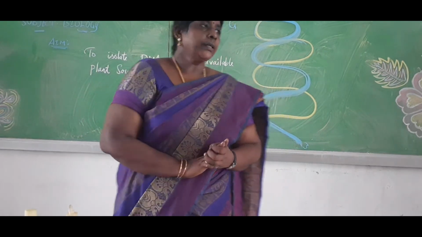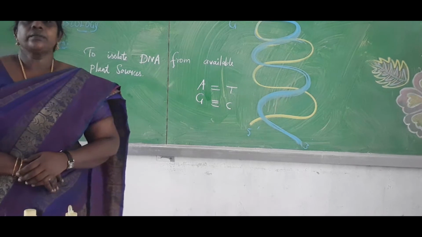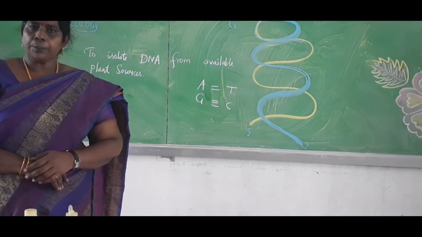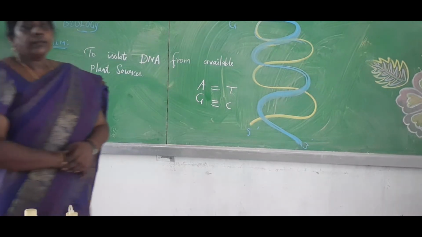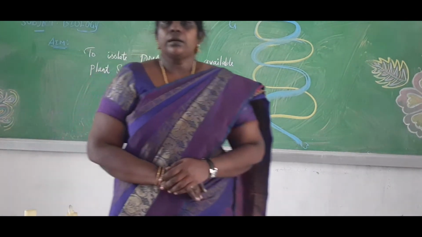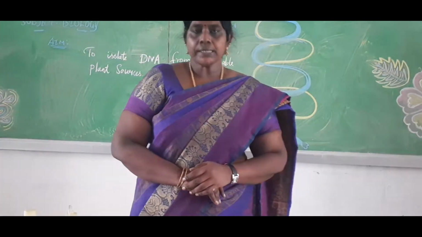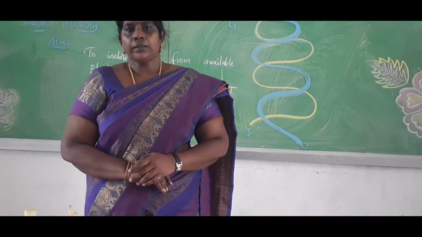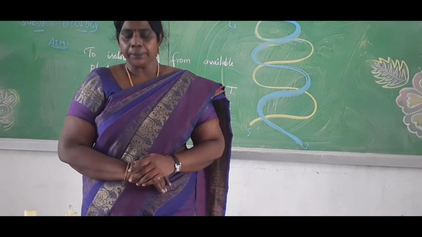The DNA isolation process includes three sub-processes: lysis, precipitation, and the third one is isolation, I mean purification. Lysis means breakdown of the bilipid layer. The second one is called precipitation.